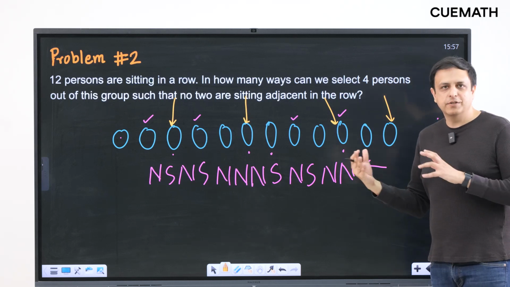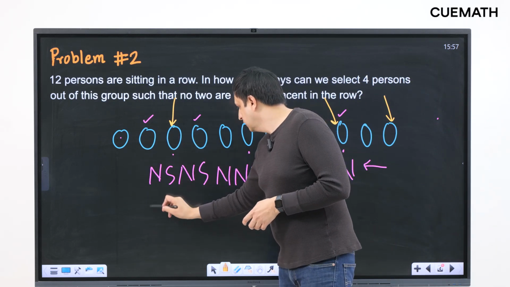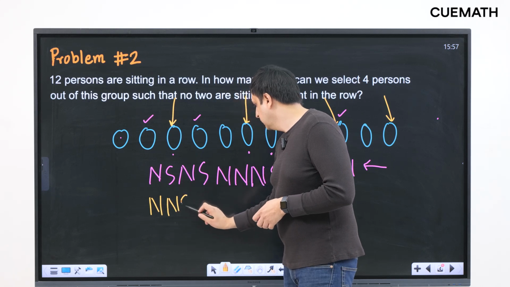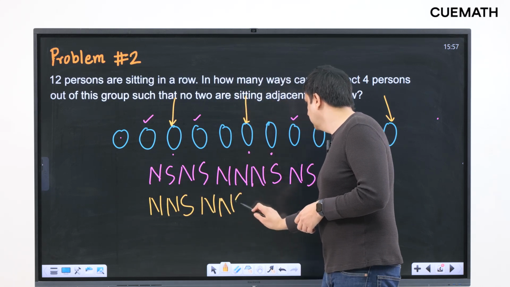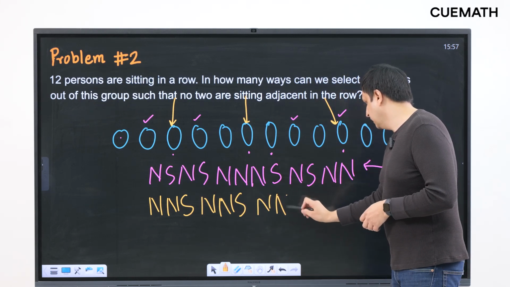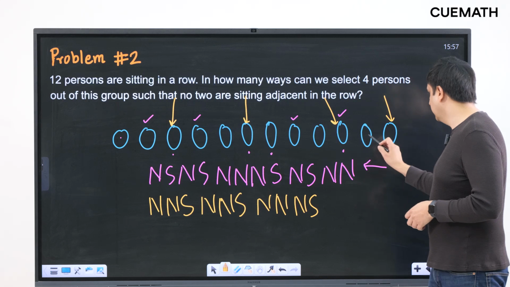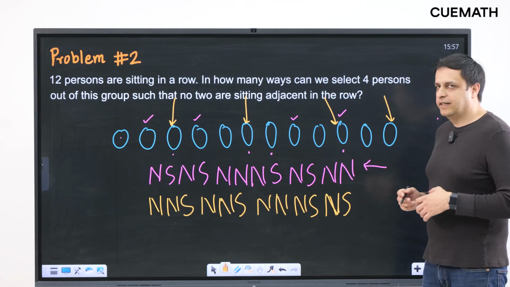So how do I represent this selection as a string of letters? So I will have n, n, s, and then n, n, s again, and then n, n, n, s, and then n, s. So this is another valid selection.